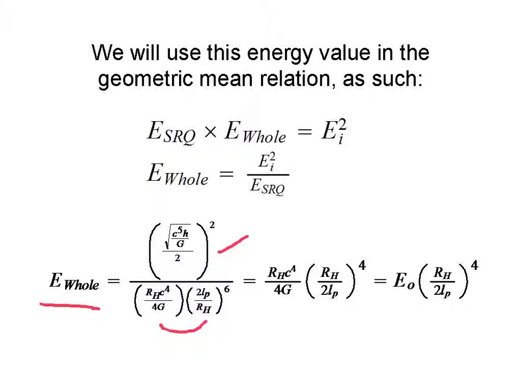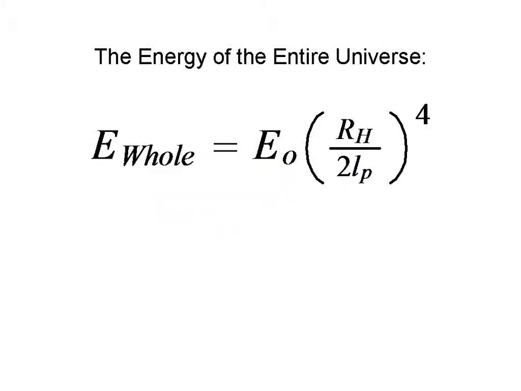And it works out to be this value times this, which comes to the energy of the observable universe, times this particular factor, the large number squared, r sub h divided by 2LP to the 4th power. And so the geometric mean counterpart of the small radius quantum energy is an enormous energy, which we will claim is the energy of the entire universe, the whole universe.